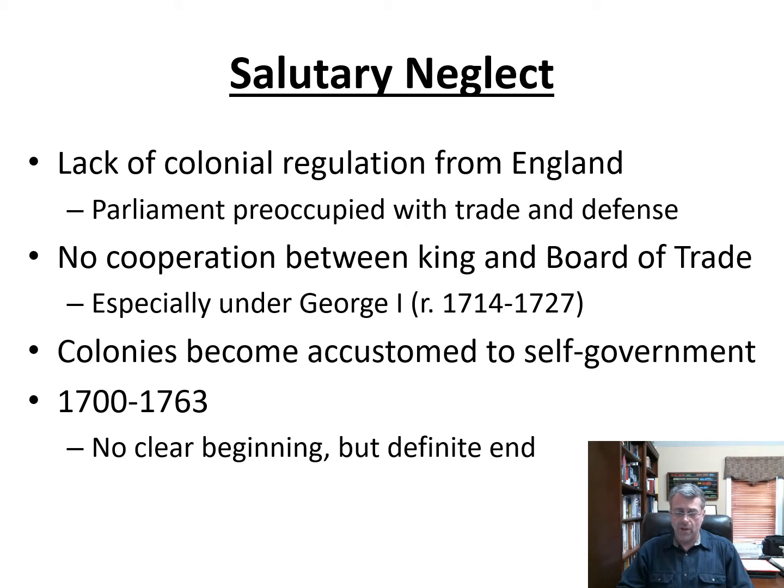And other distractions at home in England kept England's attention focused on other matters, and not on what exactly was happening in its colonies. So for a long period of time, due to England being preoccupied with other matters, there's going to be a significant lack of regulations and direct involvement in the colonies, especially in North America.